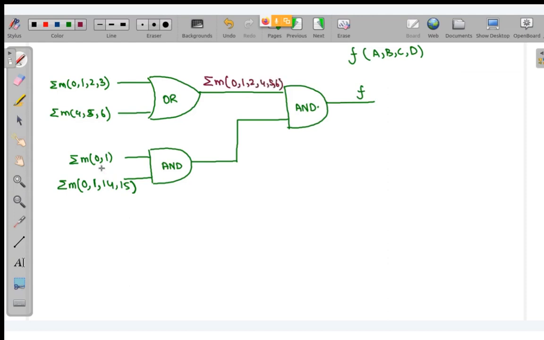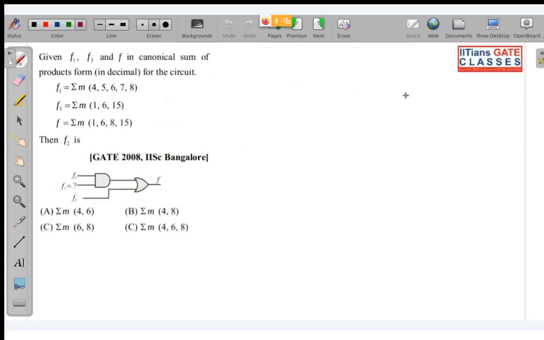And from here only the common terms: 0 is common, 1 is common. So this will be 0, 1. And this is AND, so only common terms will pass. So this will be 0, 1. Okay. So very simple question. Solve this next question now.